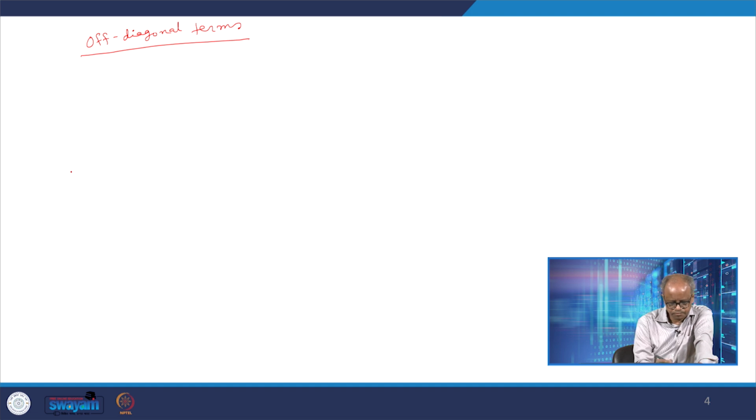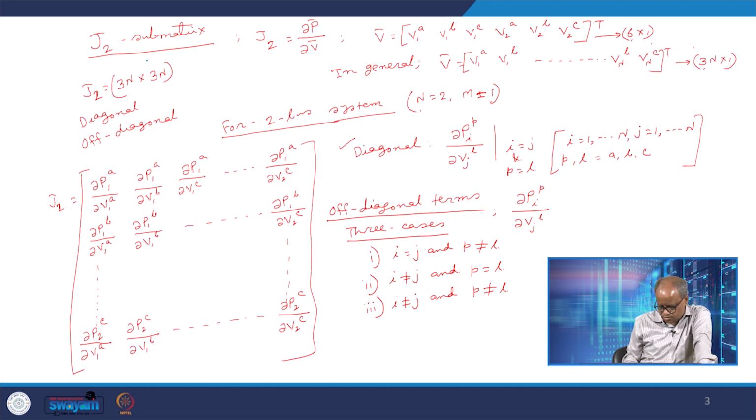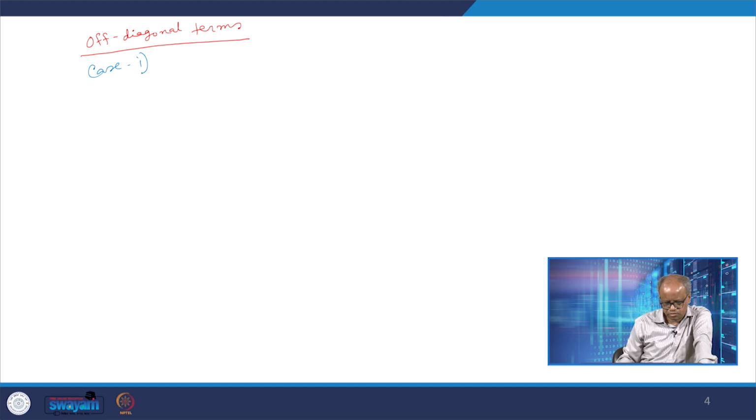Case 1: what is case 1? Case 1 is I is equal to j, but p is not equal to l.